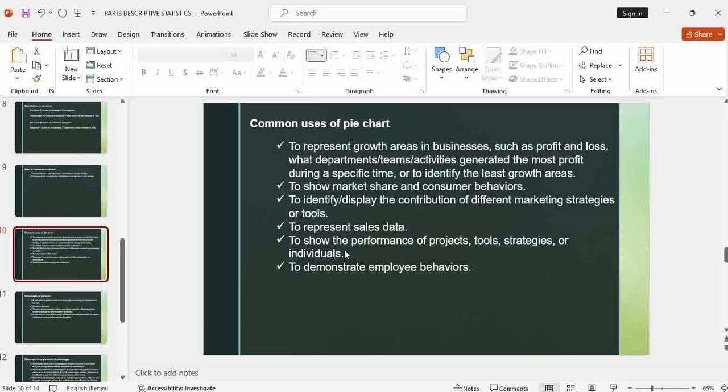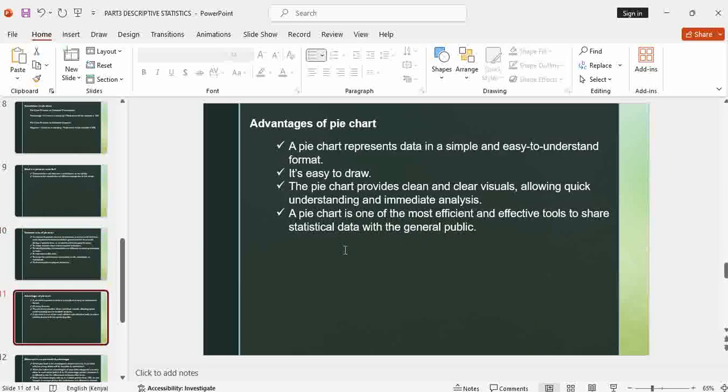To identify and display the contribution of different marketing strategies and tools. To represent sales data. To show performance of project tools, strategies, or individuals. Again, to demonstrate employee behaviors, you can apply a pie chart.